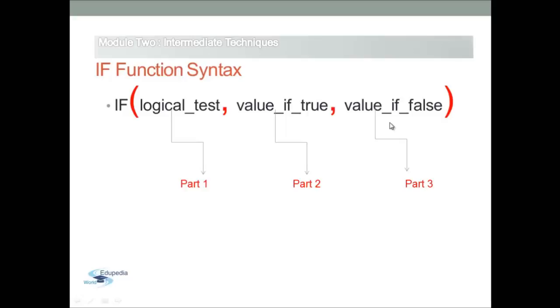For example, if A1 is greater than or equal to 100, Excel will look at the cell A1 and decide if it is greater than 100. So what will it do? It will type pass, and if not, it will type failed.